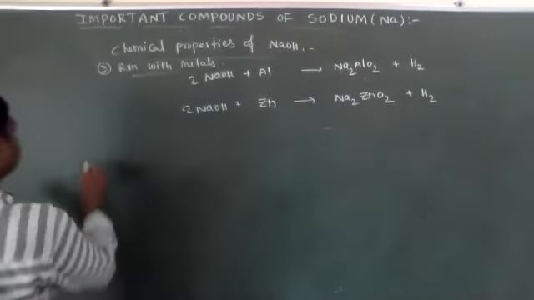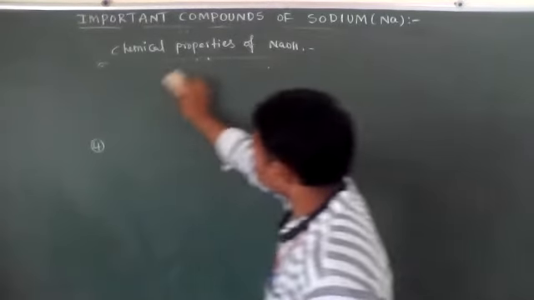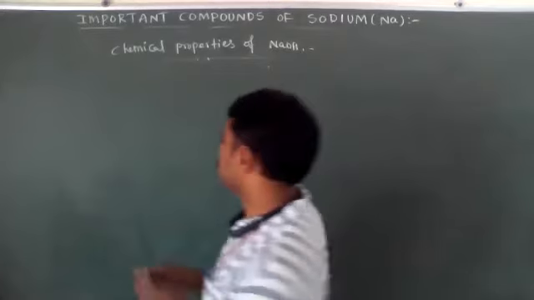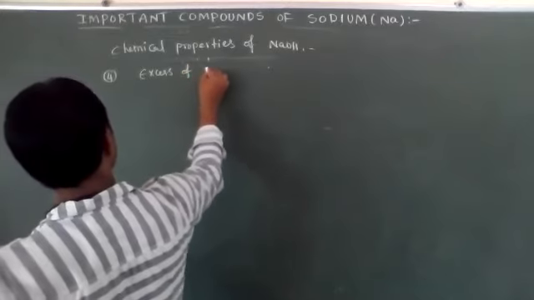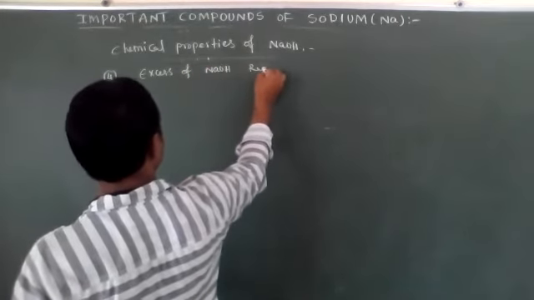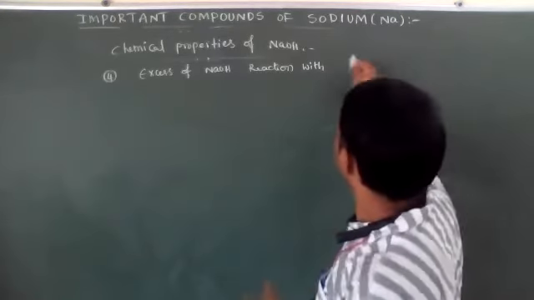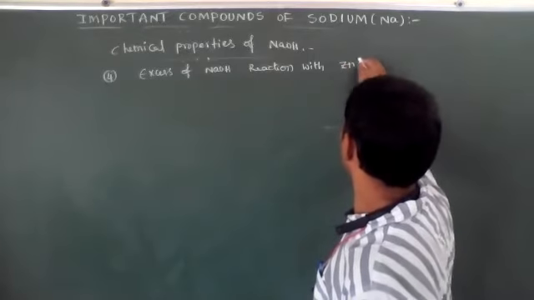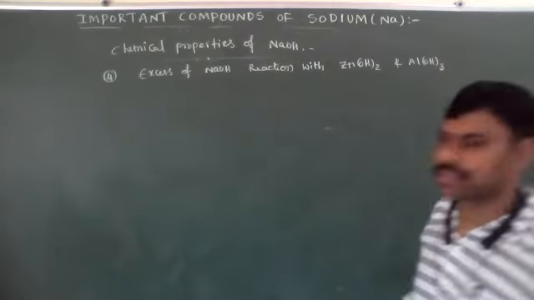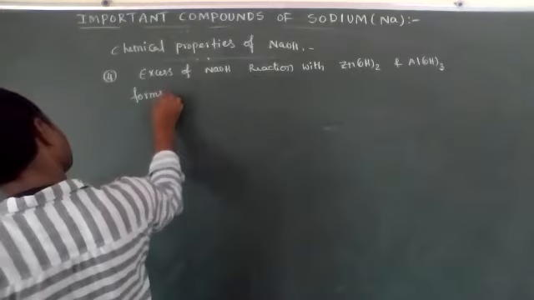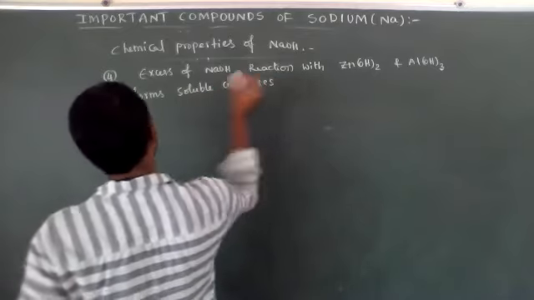Okay, students, let's see another important chemical property, the fourth one: the reaction of sodium hydroxide in excess. Excess NaOH reacts with zinc hydroxide, Zn(OH)2, and aluminum hydroxide, Al(OH)3, and forms soluble complexes.